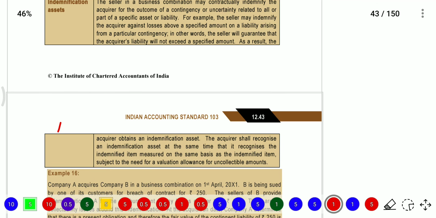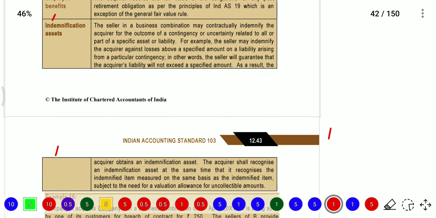The acquirer recognizes the ROU asset and lease liabilities as per Ind AS 116, but some exceptions are provided for short term leases or low value leases. Here we will measure the lease liability using the present value of remaining lease payments as per the new lease at the acquisition date.